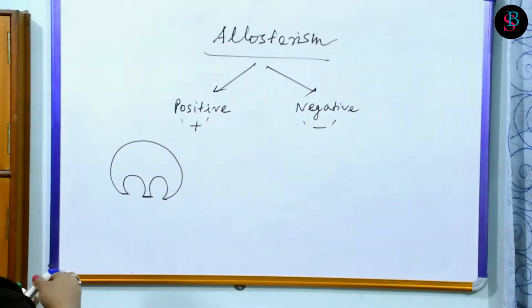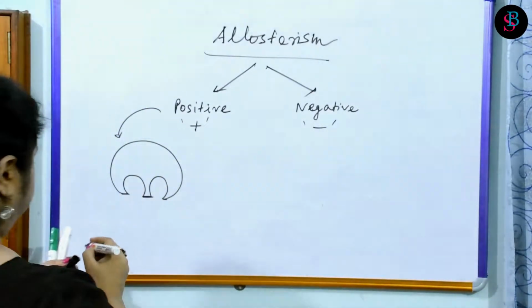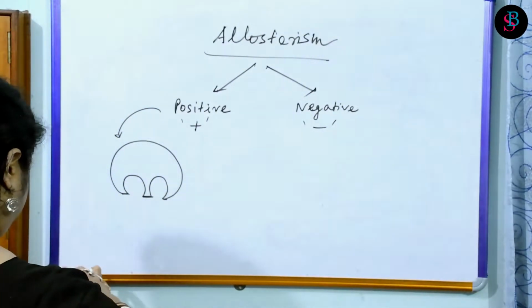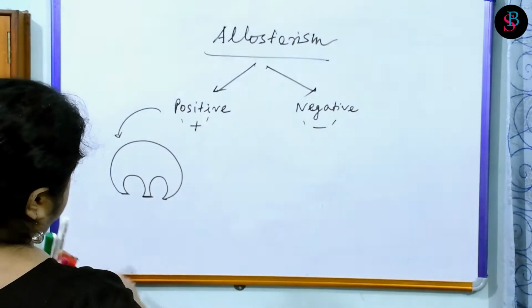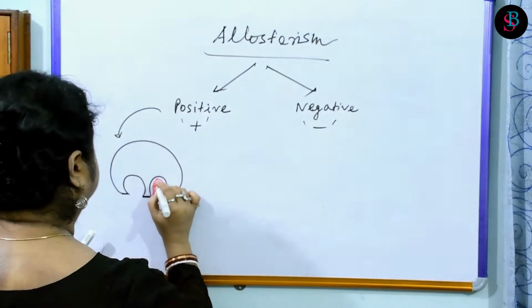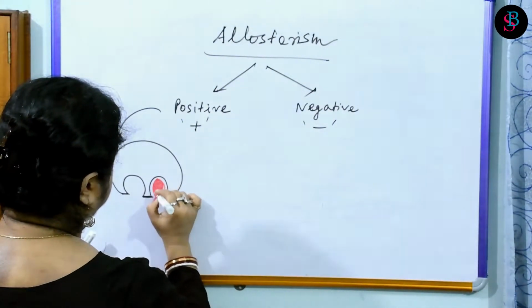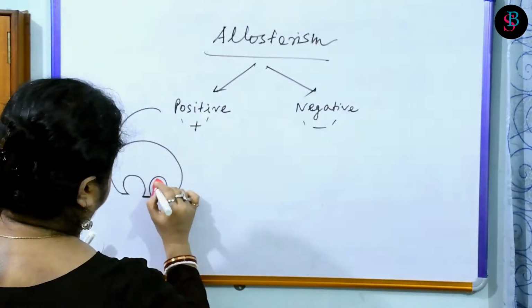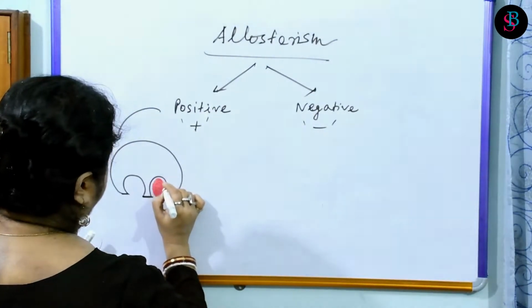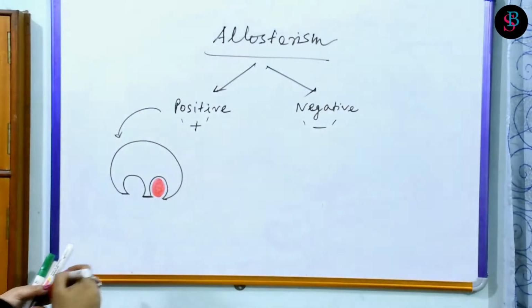Suppose there is an inducer which will attach with this. This is the inducer. With the attachment of the inducer, the active site will be active.